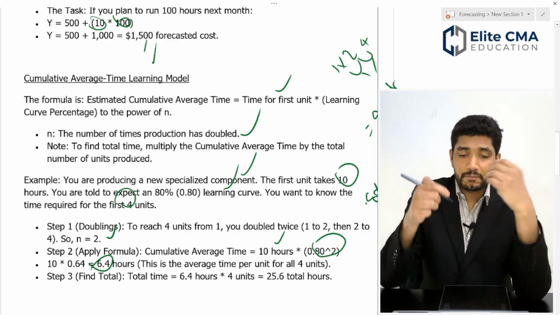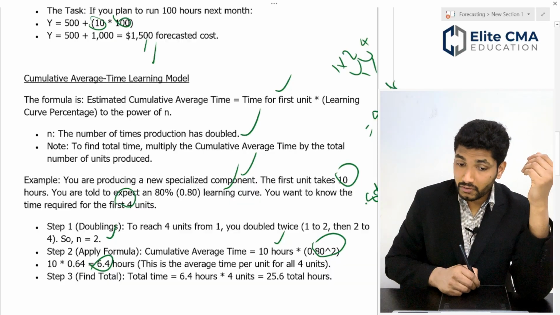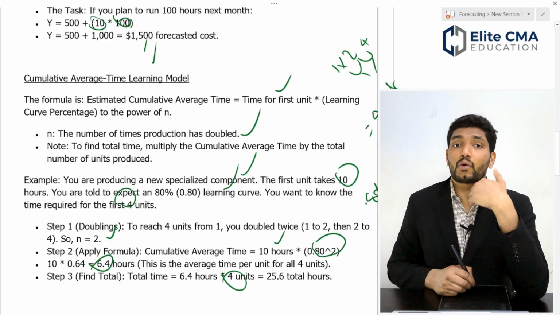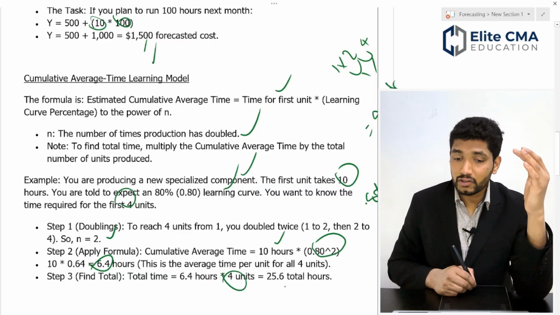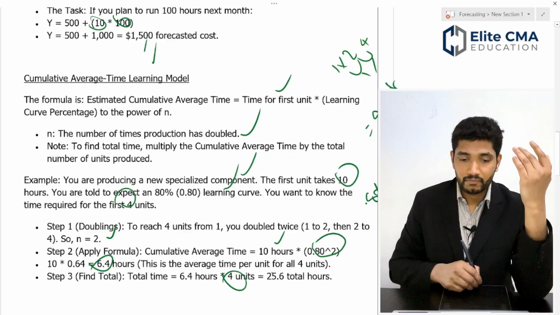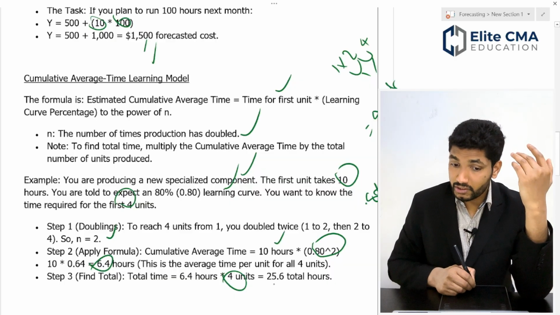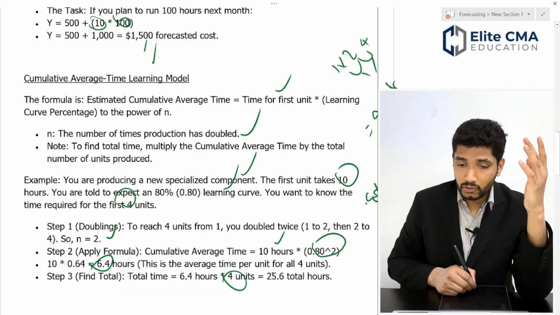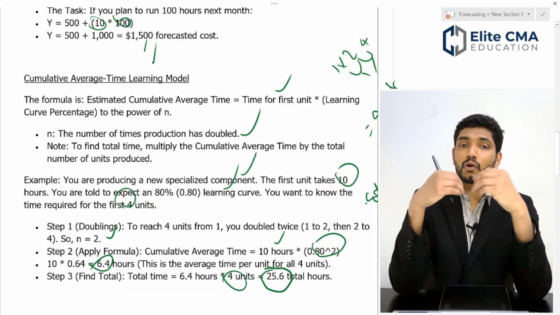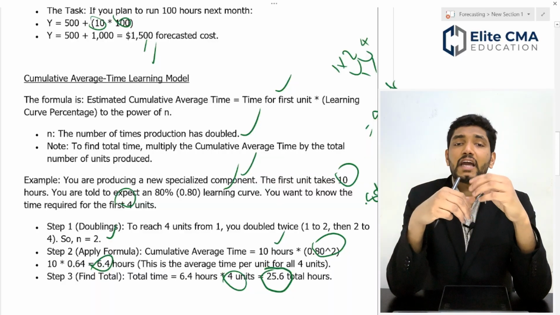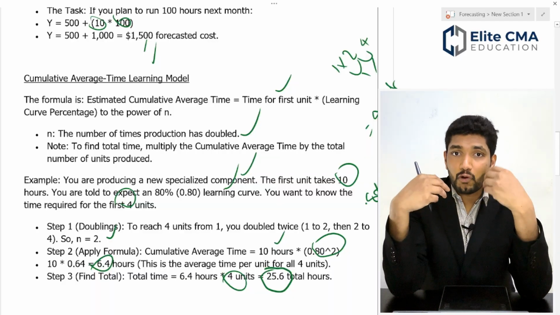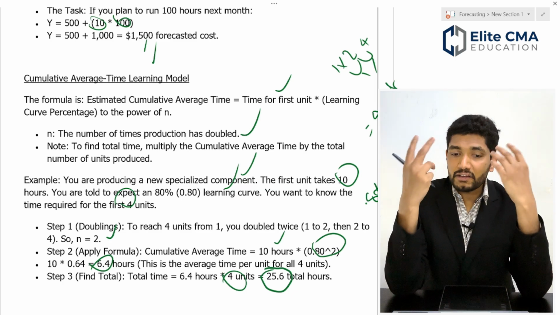Now you multiply this 6.4 by the 4 units to calculate the total expected hours to produce the first 4 units. That means 6.4 times 4 is equal to 25.6 total hours. This is the time you have to forecast to produce your first 4 units.